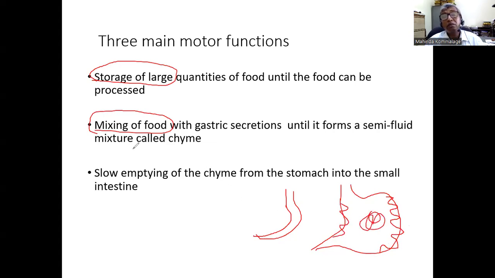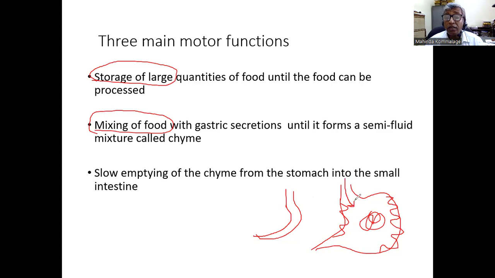With the mixing, digestion will start, right? Fat digestion, protein digestion, especially with the pepsin. And of course, some carbohydrate digestion because of some amylase from the saliva and so on.